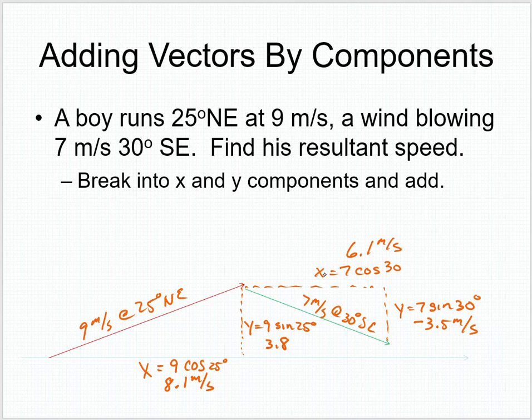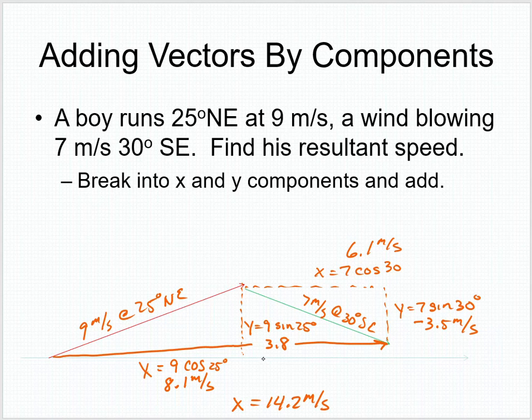X's, I'm going to add my two x's together, 8.1 and 6.1. So my overall x resultant, this resultant that would be going right through here, his overall x speed is equal to 14.2 meters per second.